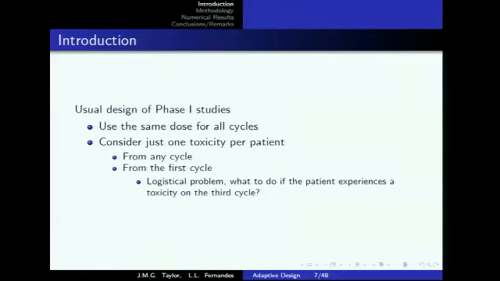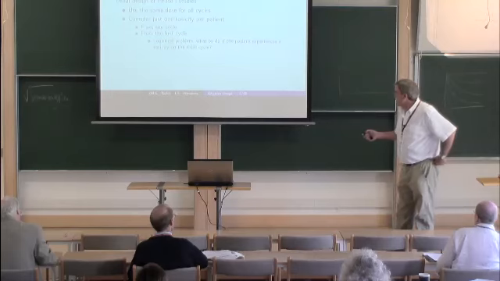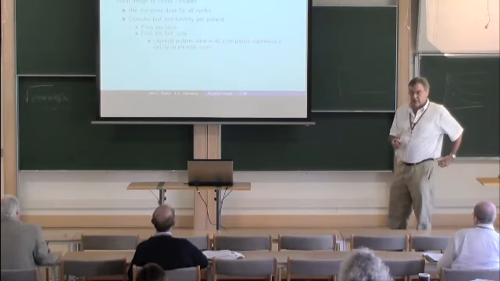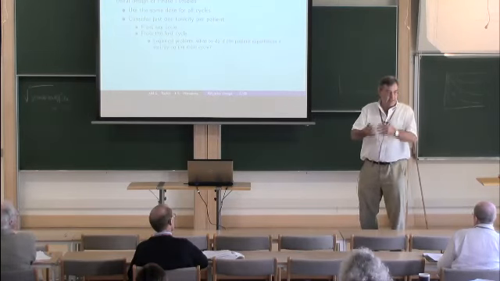Quite often in practice, you just look at the first cycle and say, if we see some toxicity in the first cycle, we count that as a toxicity, and that's what goes into the calculation in these algorithms that are used to escalate. I guess the thinking from just looking at the first cycle is, if you're going to get a toxicity, you'll get it on the first cycle. If you can get through at this dose, you'll be okay.